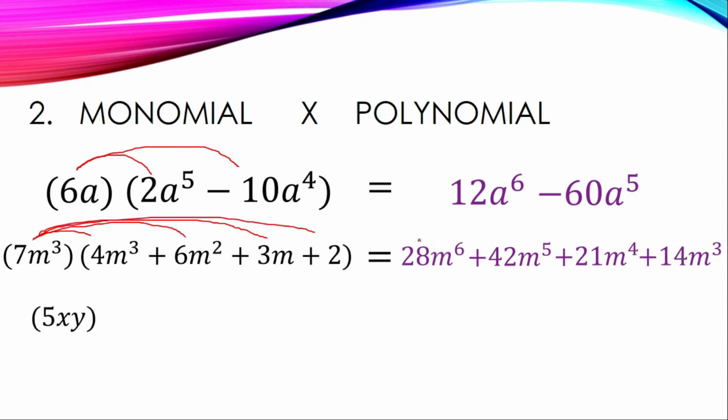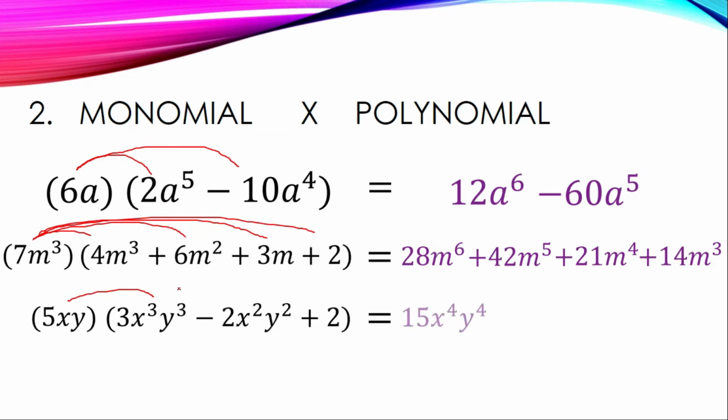So let's have another example, 5xy times the quantity 3x cubed y cubed minus 2x squared y squared plus 2. Again, do the distributive property, combine the exponents of the similar variables. So the first one, we have 15x raised to 1 plus 3, that's 4, and y raised to 1 plus 3, that's 4.